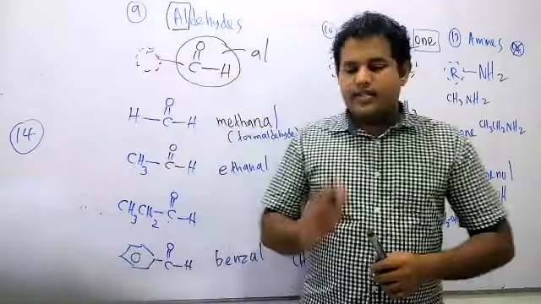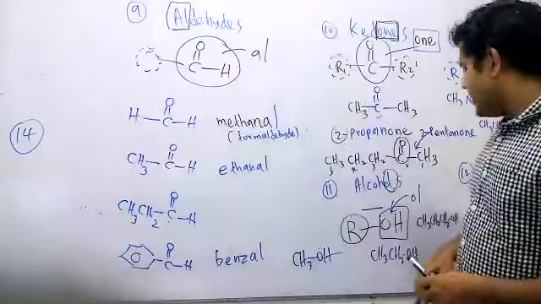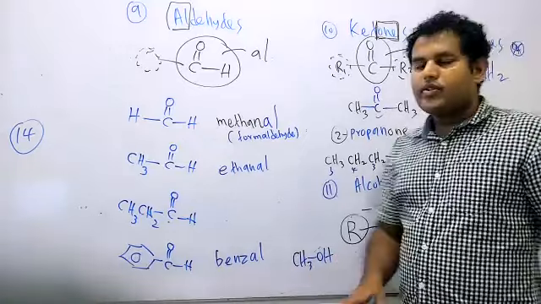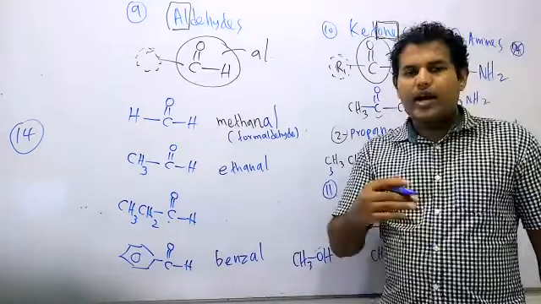Now in this case, what is this alcohol? CH3OH. Very simple. Alcohols finish with -ol. So what is this? You have one carbon. One carbon means methane. Remove the last letter E and attach -ol.